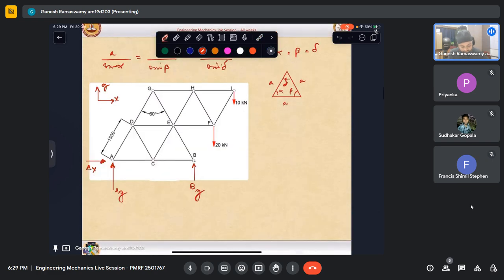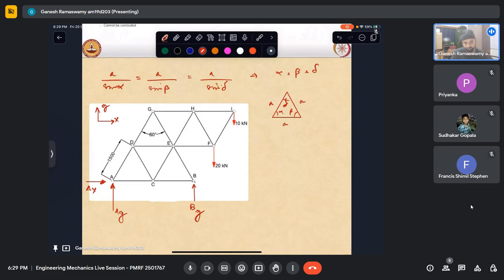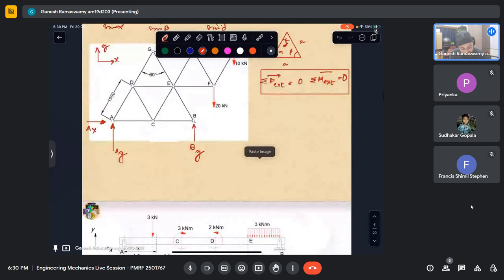Now this entire truss is in equilibrium, and it is a planar condition. Since we have already defined this to be the xy plane, in general, equilibrium entails sigma F external equaling 0 and sigma M external equaling 0. This is what static equilibrium demands. In this case, it will be sigma Fx equal to 0, sigma Fy, sigma Fz.